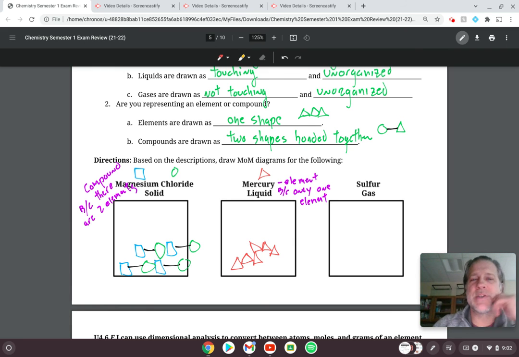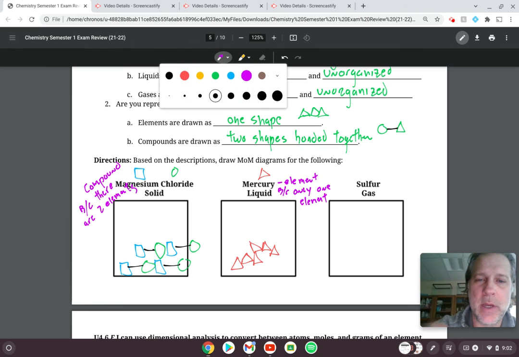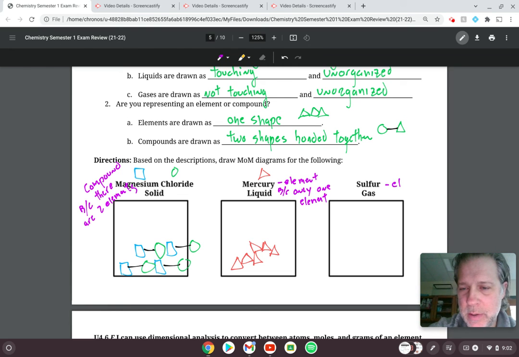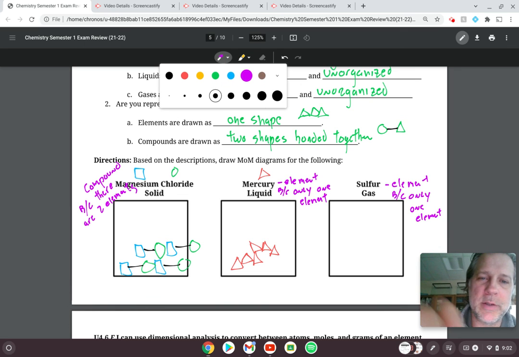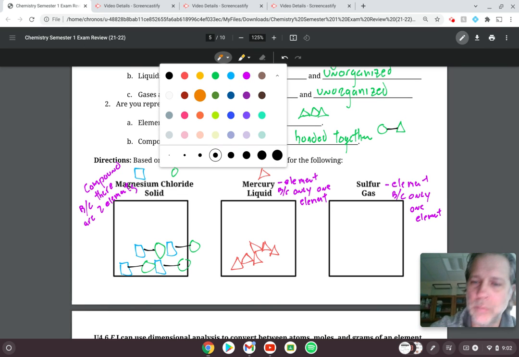And then lastly, sulfur as a gas. This is also an element. I know that because only one element is present. And because it's one element, I'm going to draw it as, let's see, what shape haven't I used?